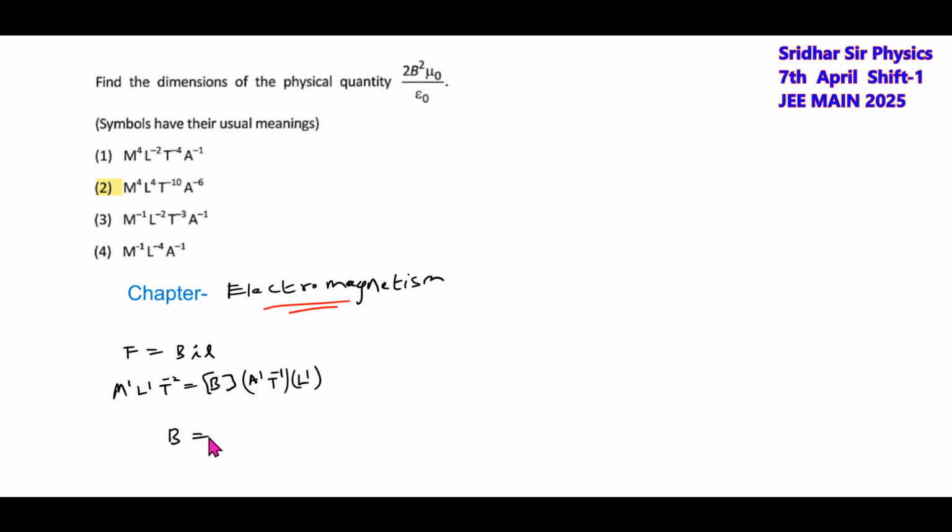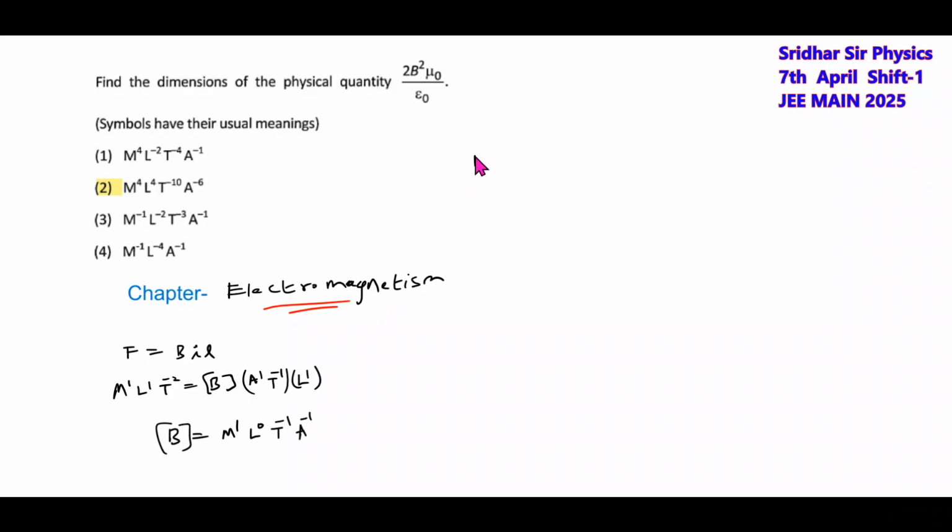Using this, the dimensions of magnetic field are M1 L0 T minus 2 A minus 1.